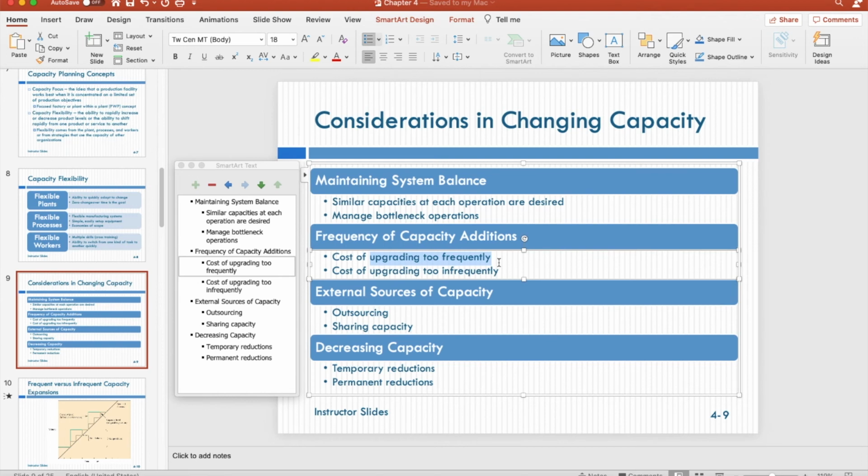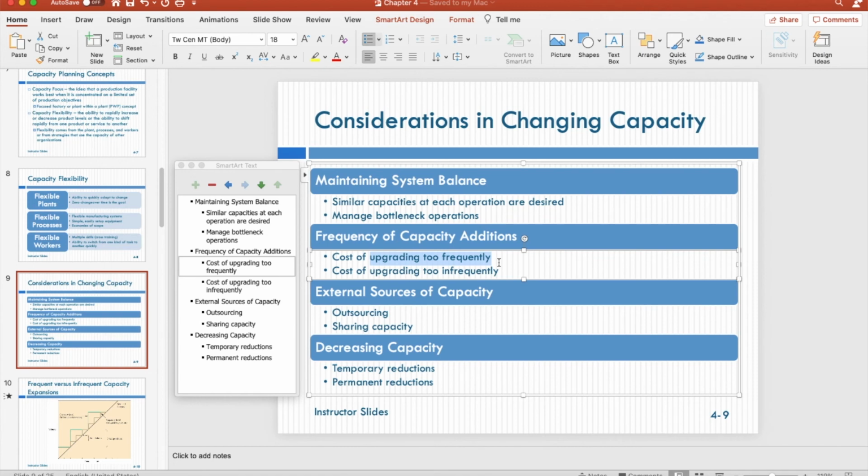The reason is quite simple. If you upgrade your capacity management very frequently, each time you upgrade you need at least some setup cost. If you upgrade very frequently, the setup cost from those several times will become a huge amount.